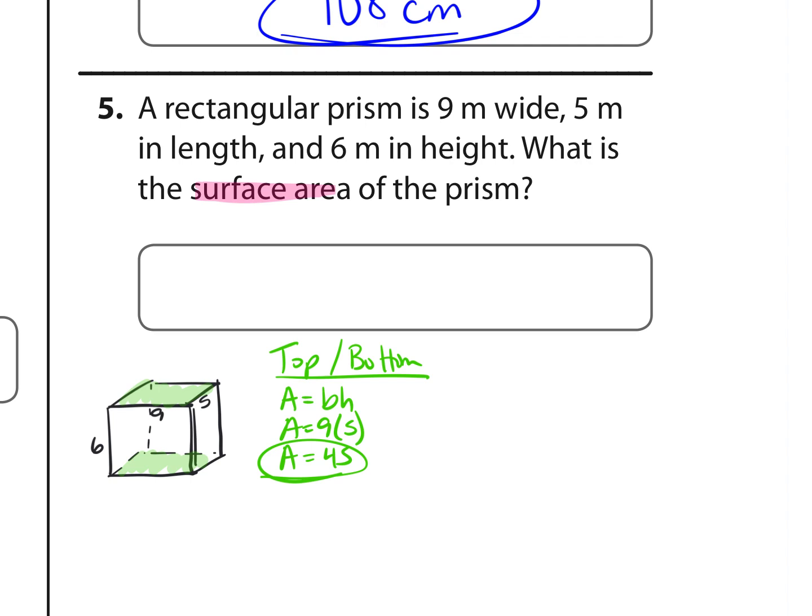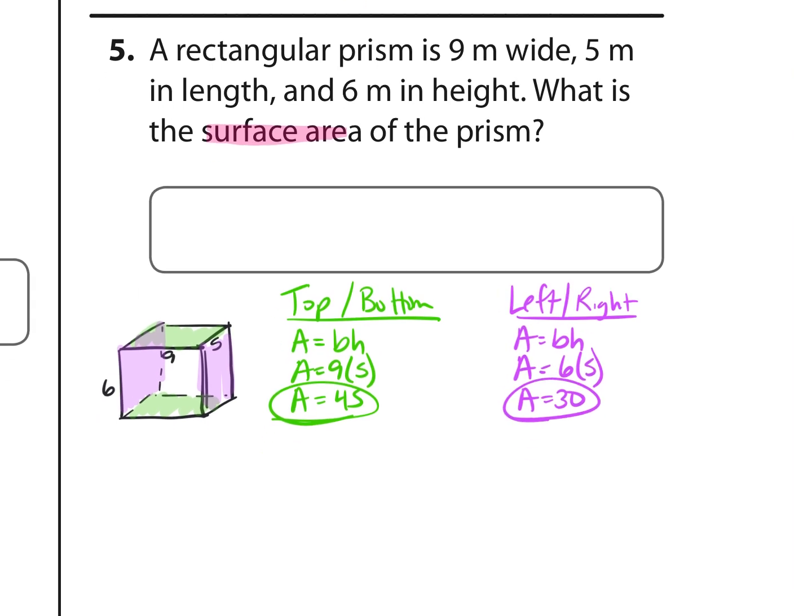Next, I'm going to get, let's say, the left side and the right side, the faces. So left and right, area equals base times height. We have 6 by 5, which is 30.